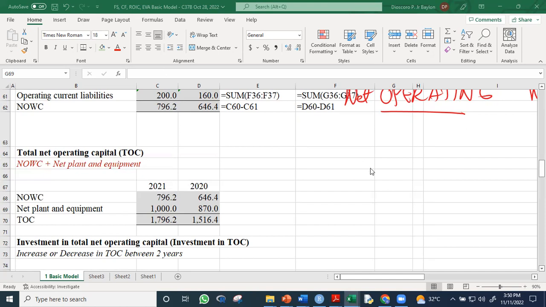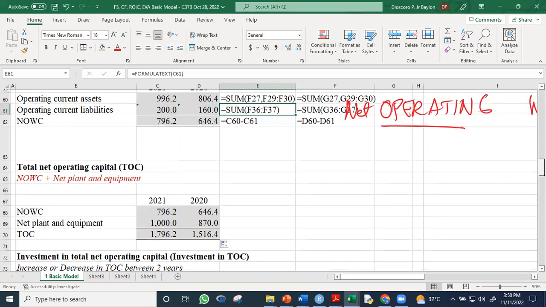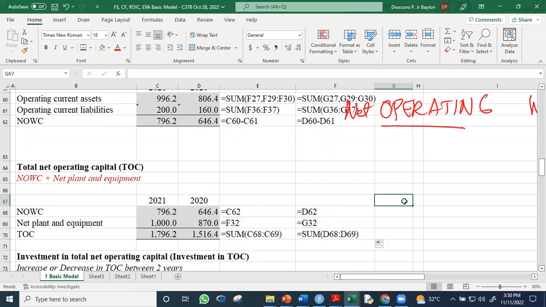Sir, is it okay if you show the formula? Formulas, okay, sige. Okay, thank you for the feedback. All right, so let's proceed.